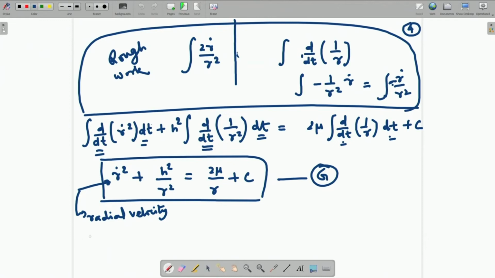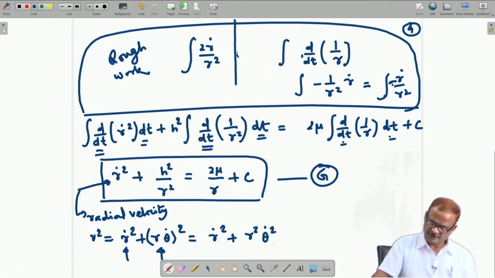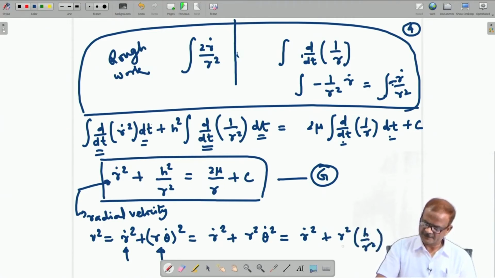So, now we have v square equal to r dot square plus r theta dot square. This is the radial velocity and this is the normal velocity as we have discussed earlier. So, this is r dot square plus r square theta dot square. Okay. And here we can replace theta dot by h by r square, the expression we have used earlier.